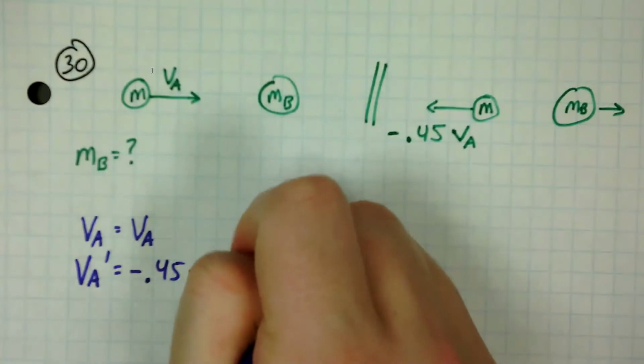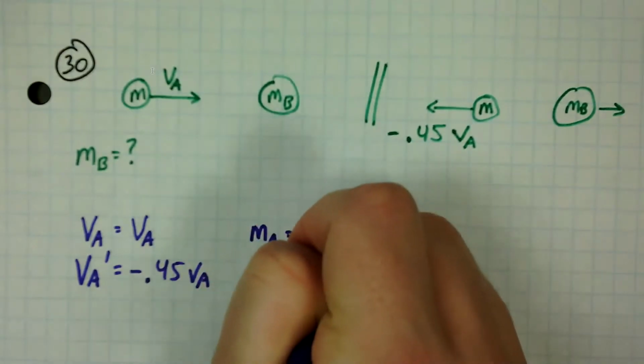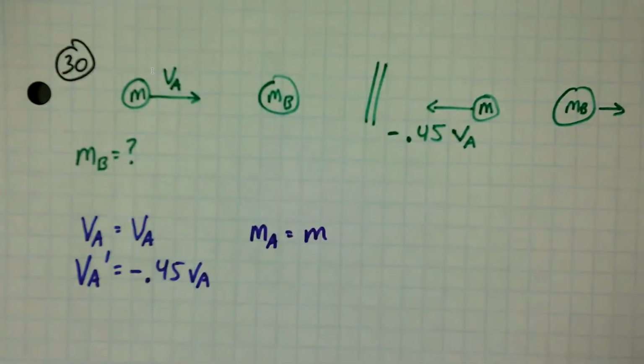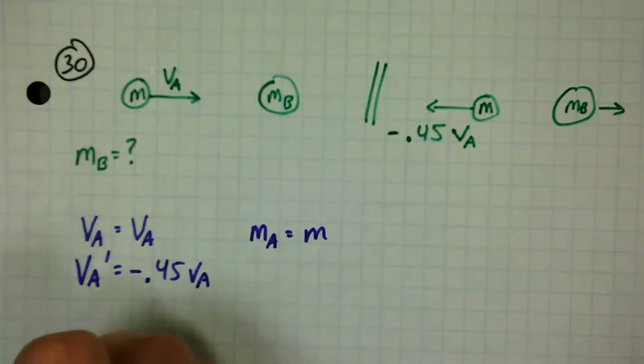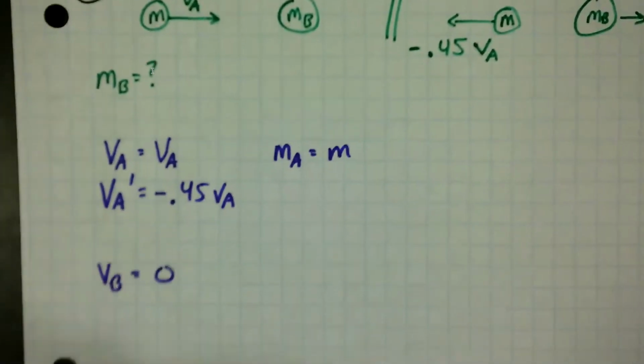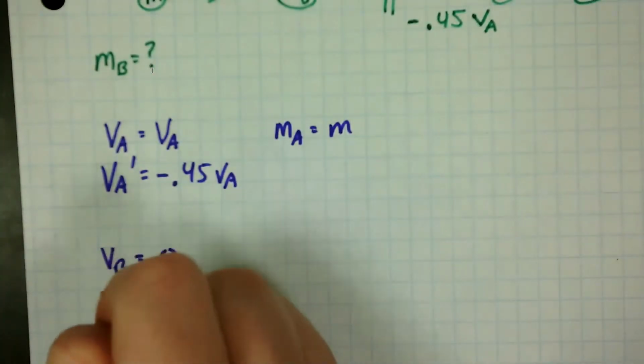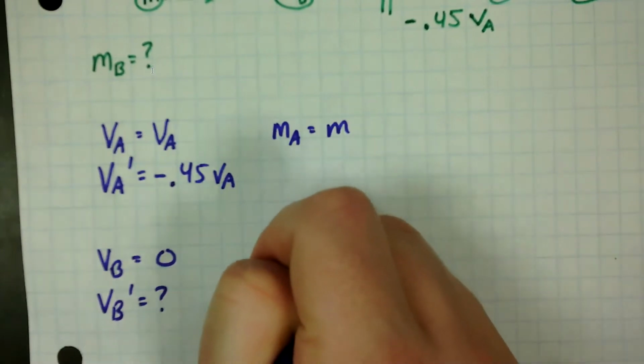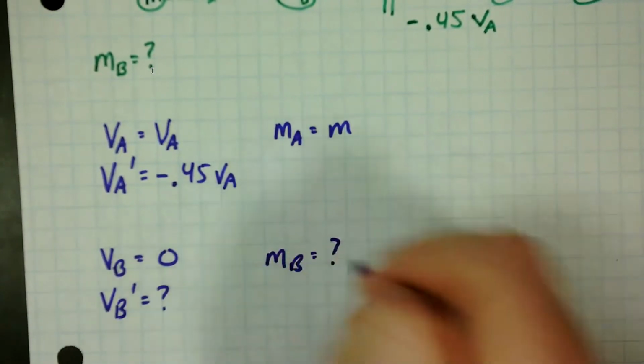And then we have a mass of A that we're calling M. We do the same thing with VB. VB starts with a speed of 0, and we don't know what VB prime is, and we don't know what the mass of B is.